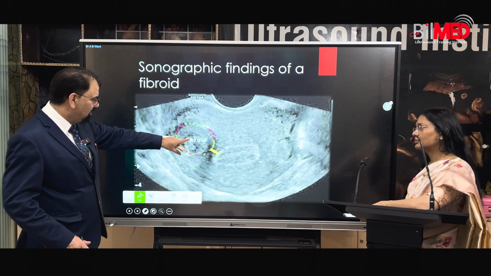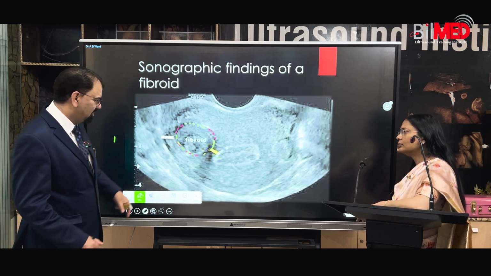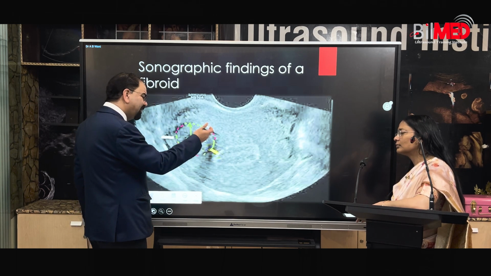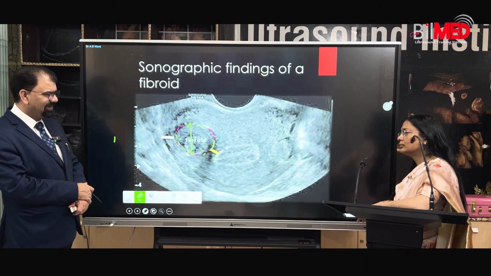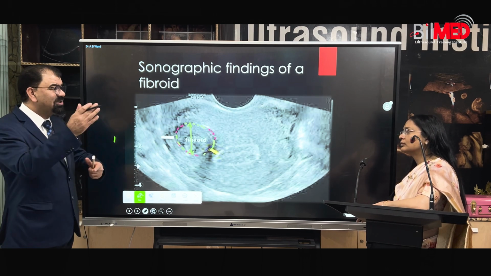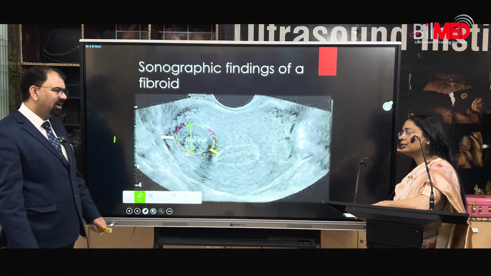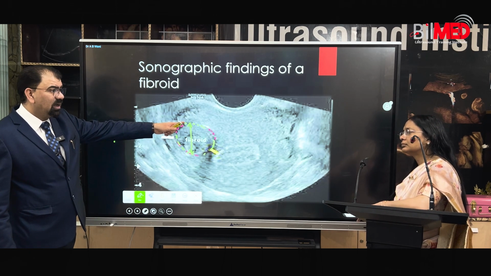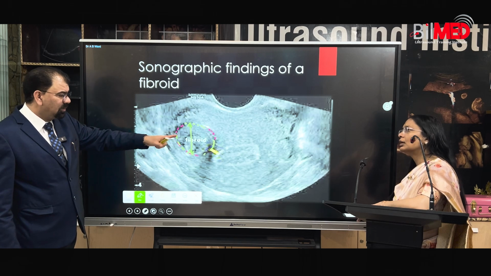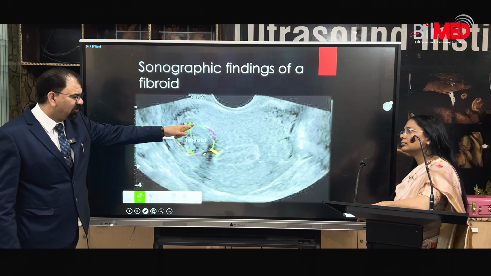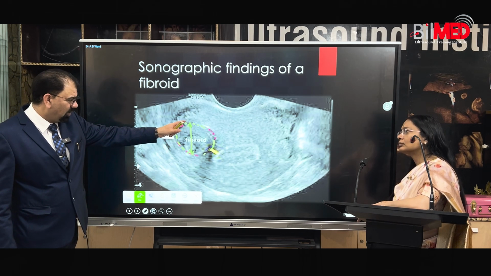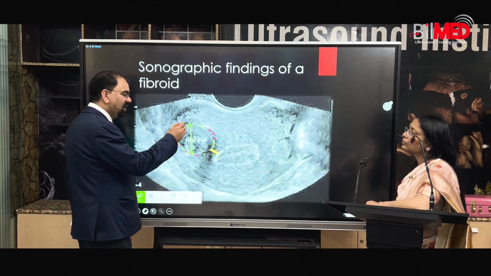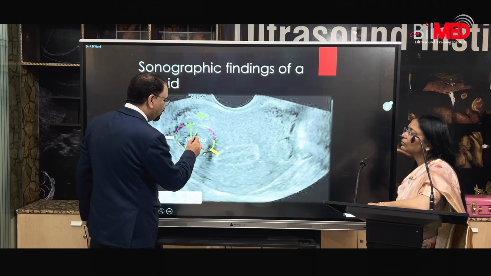If you are well versed in these borders, then only what you are measuring is the actual measurement of the fibroid. Then only you can say whether it is increasing or decreasing. The baseline measurement has to be pinpointed using the Doppler also, because Doppler will guide me where the vessels are, and that area is the demarcation between the myometrium and the fibroid.